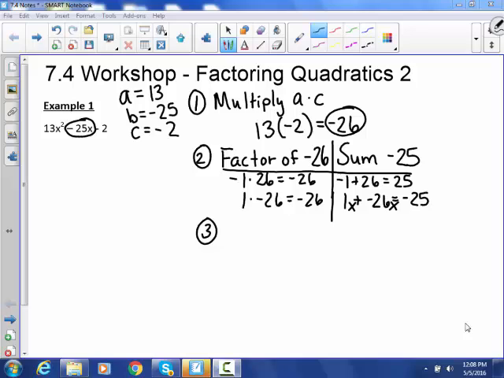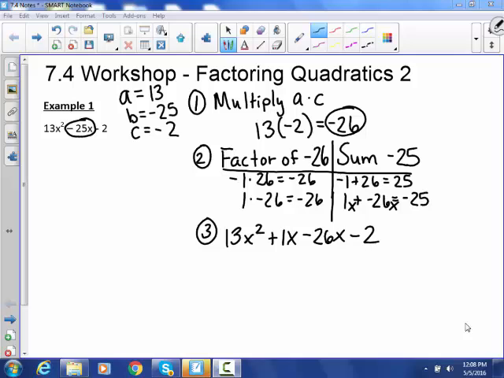We're going to replace that b term with these two. Okay, that's the third thing we're going to do. So I'm going to rewrite that: 13x squared plus 1x minus 26x minus 2.